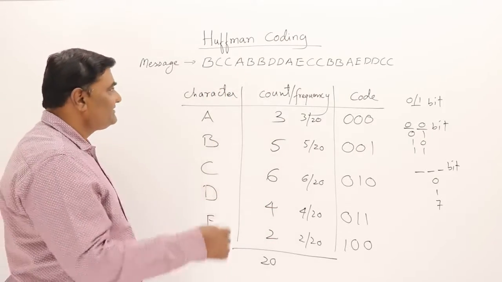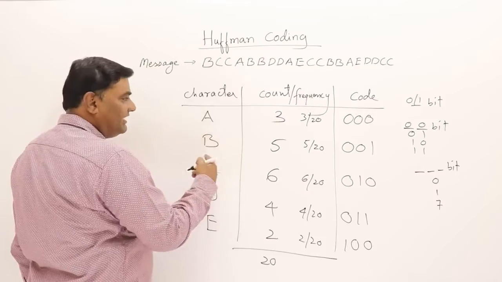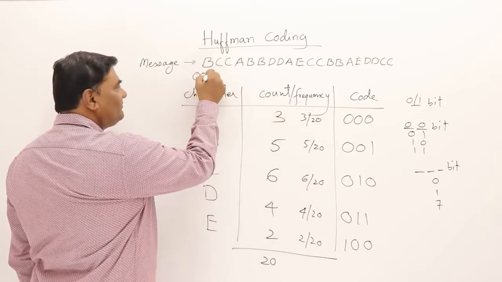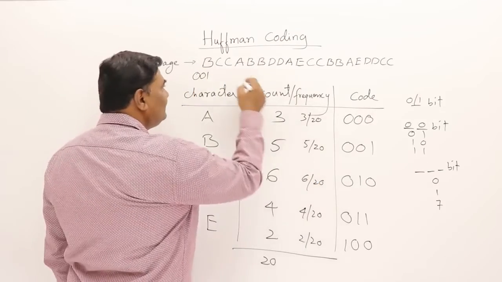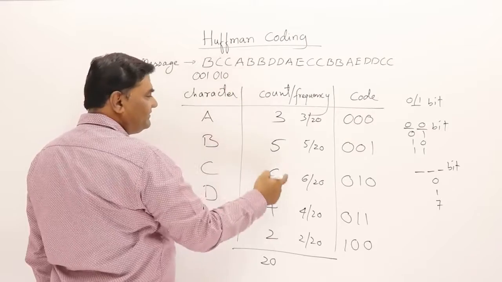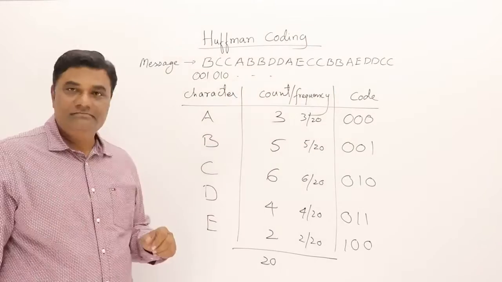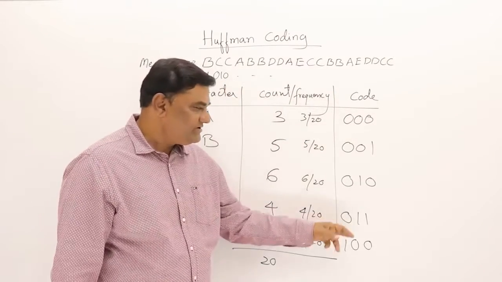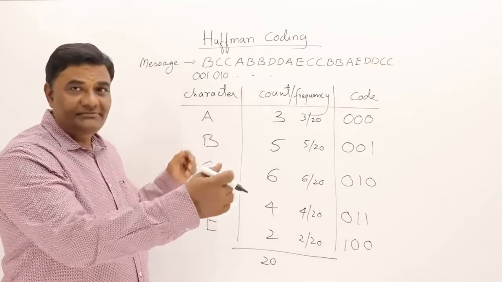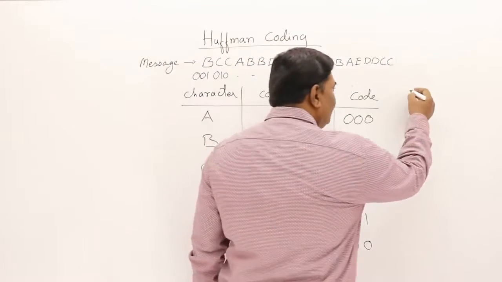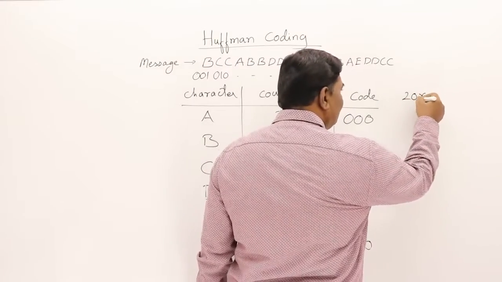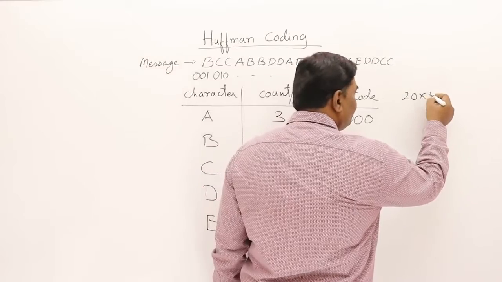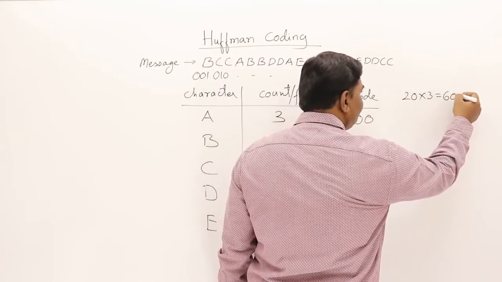So instead of writing ASCII code, I will be writing 001 for B and 010 for C. Likewise, go on. When the message is encoded using this, what will be the size of the message? As we know well, there are 20 characters and each takes 3 bits. So this will be 60 bits.